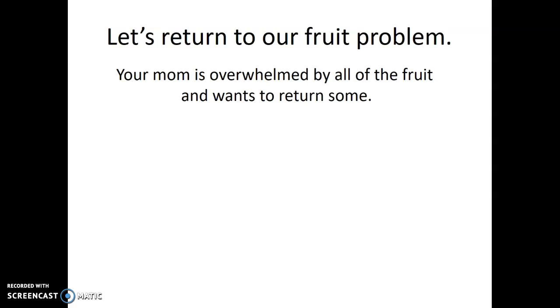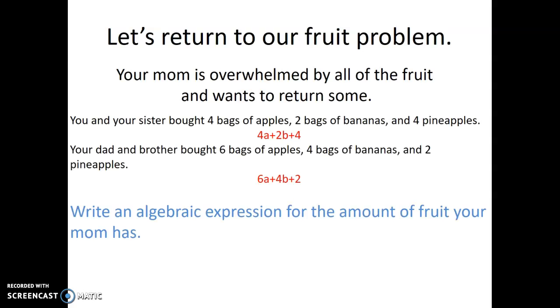So let's talk about what your mom has all together. You and your sister together got 4 bags of apples, 2 bags of bananas, and 4 pineapples. Your dad and brother got 6 bags of apples, 4 bags of bananas, and 2 pineapples. So what's an algebraic expression for the total amount of fruit your mom has?